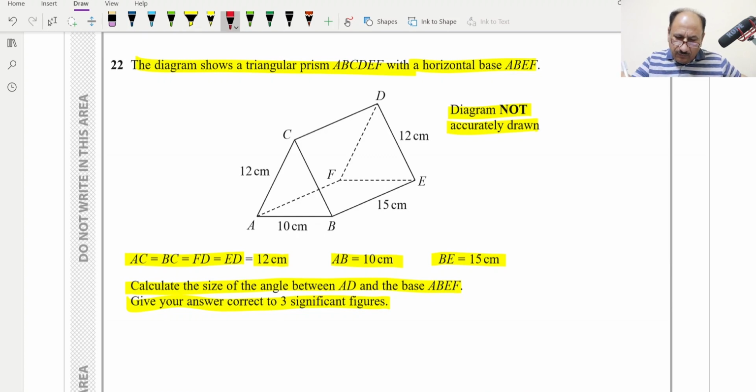Now, first of all, we need to identify AD. Where is AD? AD is over here, and we can draw the line. This is our AD which we have identified, and ABEF is the base. So over here we can draw a point and join this point with this one like this.